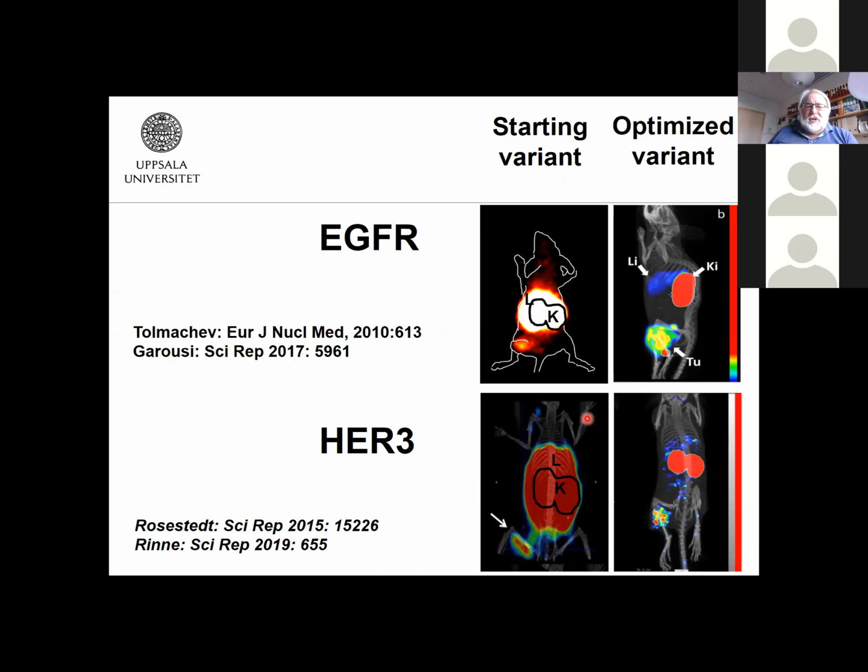Here are just two examples. It's the first image we got in mice of expression of epidermal growth factor receptors.